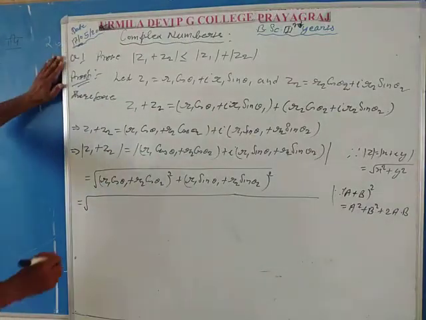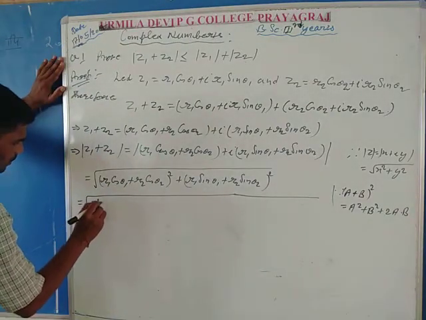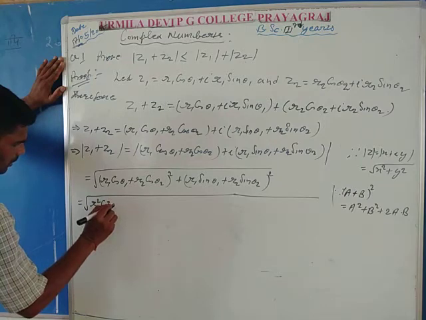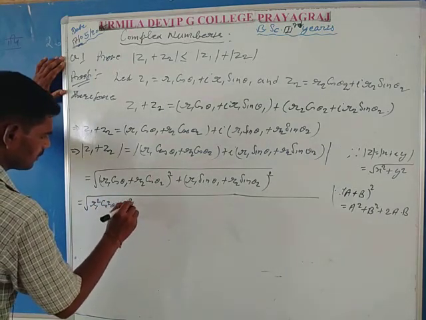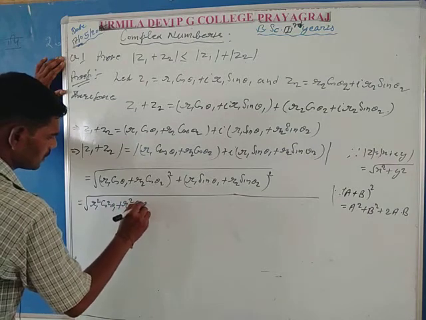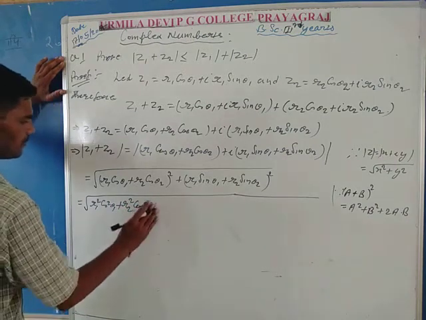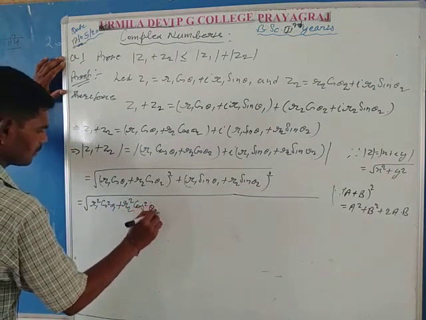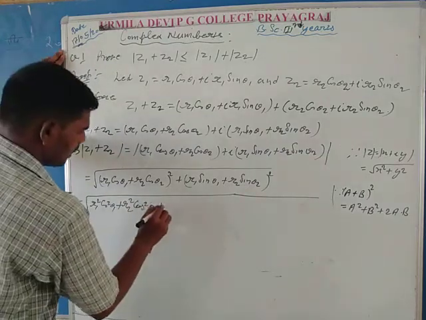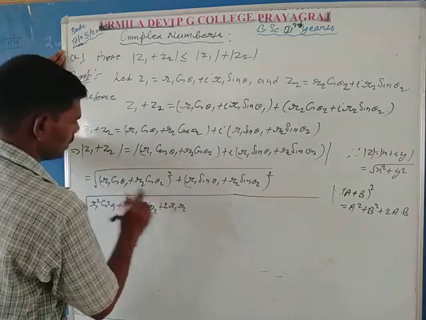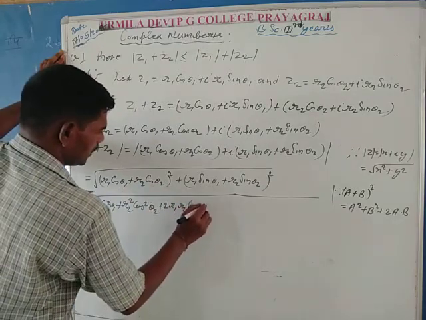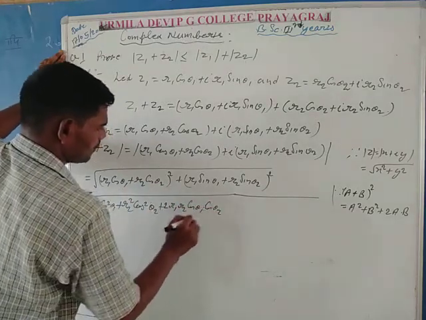So taking the whole square, it is equal to the square root of the first square, meaning R1 square cos square theta 1 plus R2 square cos square theta 2 plus 2 times R1 R2 cos theta 1 into cos theta 2.